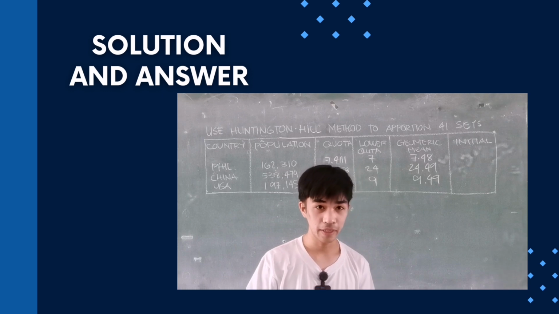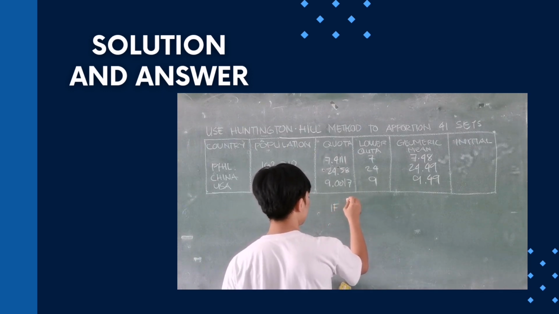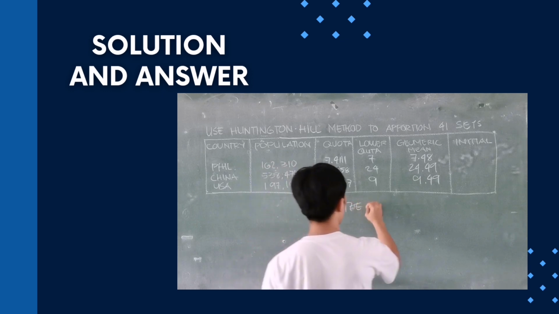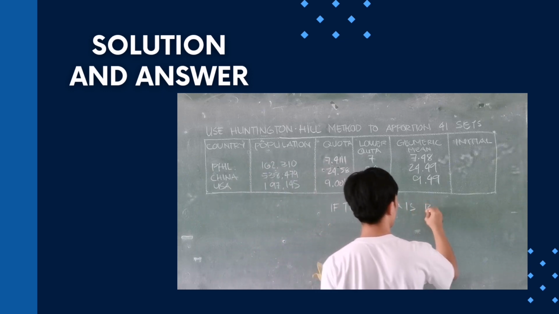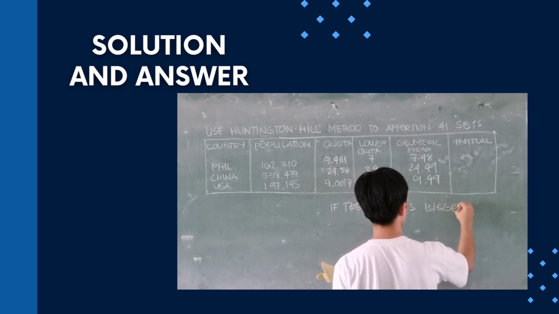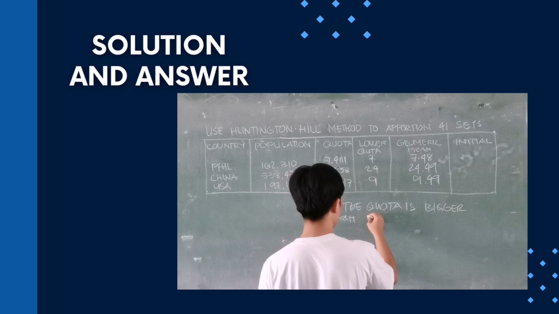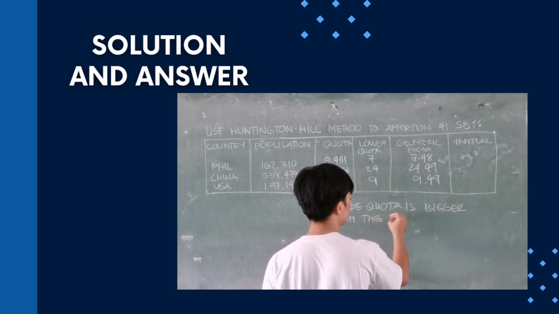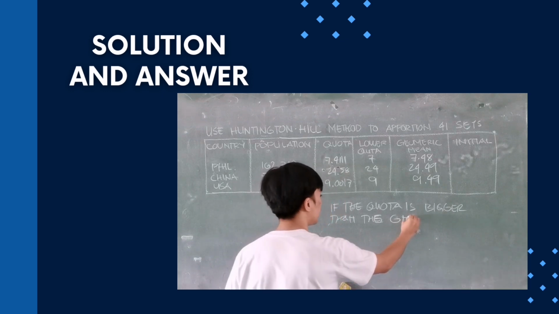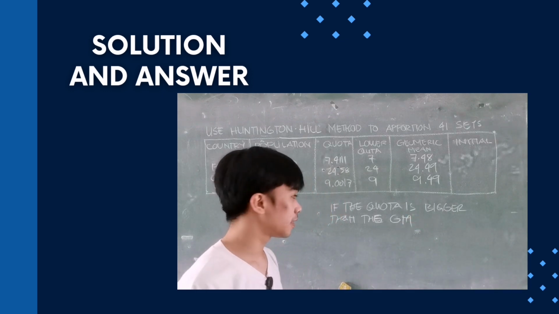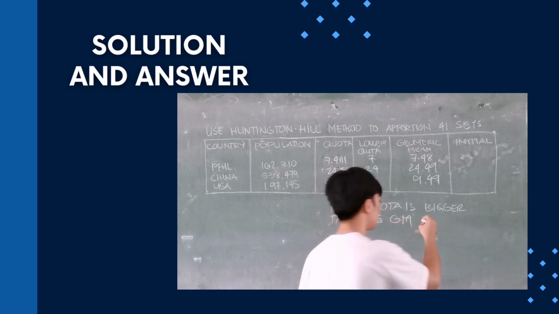So for initial, if the quota is bigger than the geometric mean, we round up.